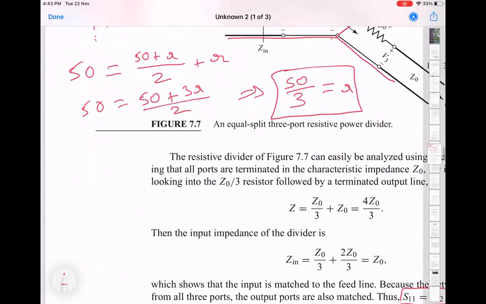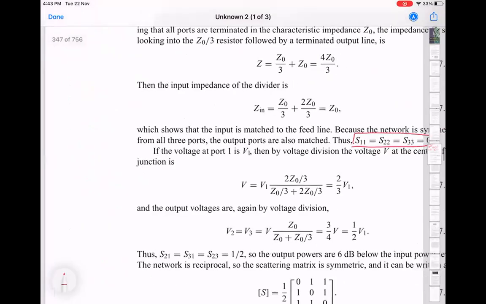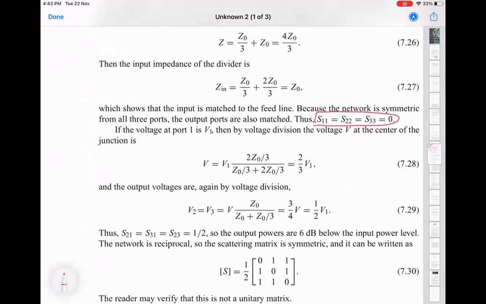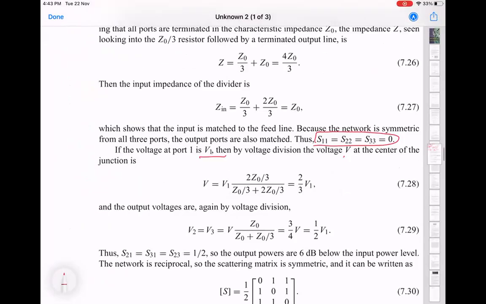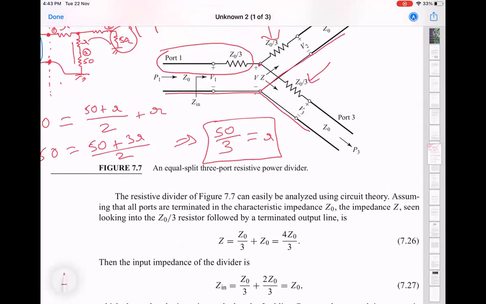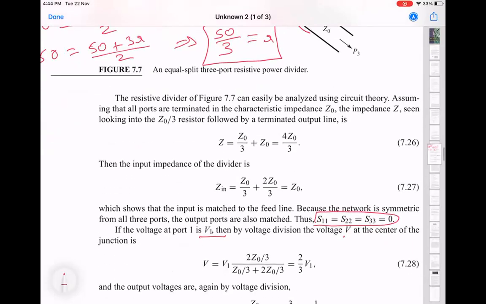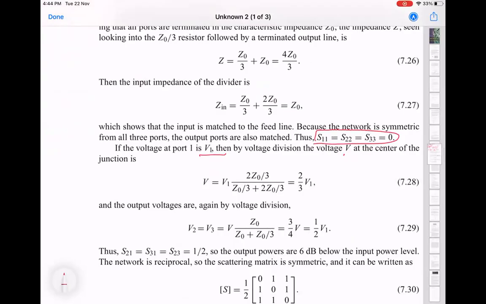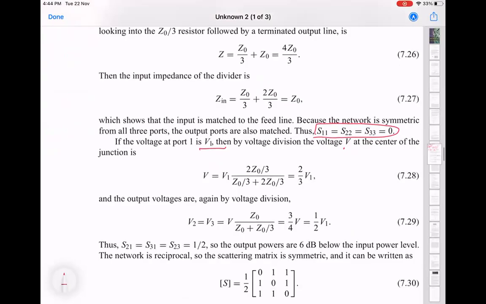So this is what they compute. And you get this point, that if the voltage at port 1 is V1, then the voltage V at the center of the junction is 2/3 of V1, which is basically this point here. And then you can compute that V2 is going to be 1/2 of V1.